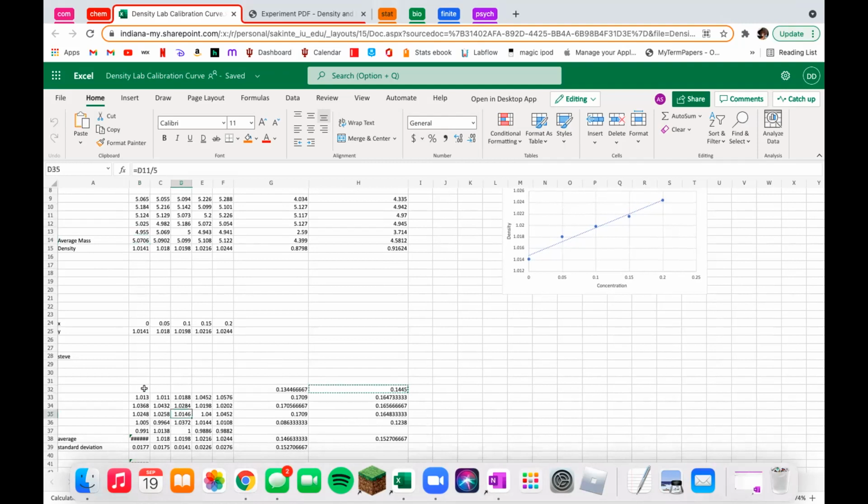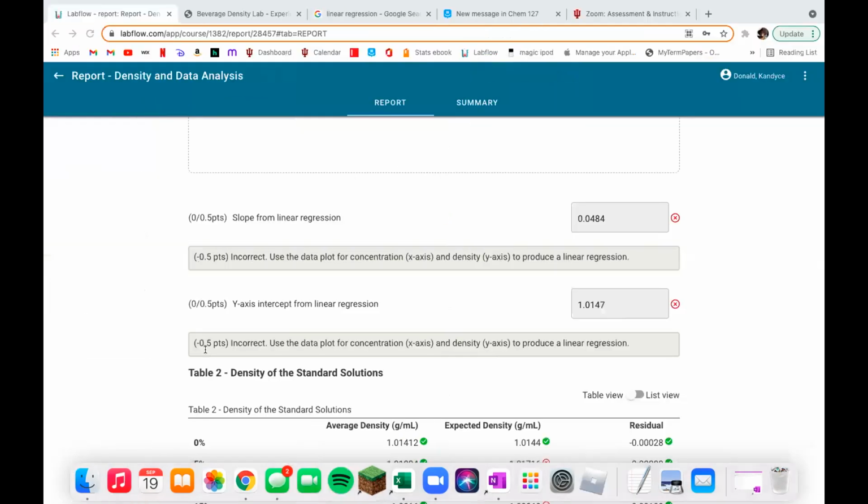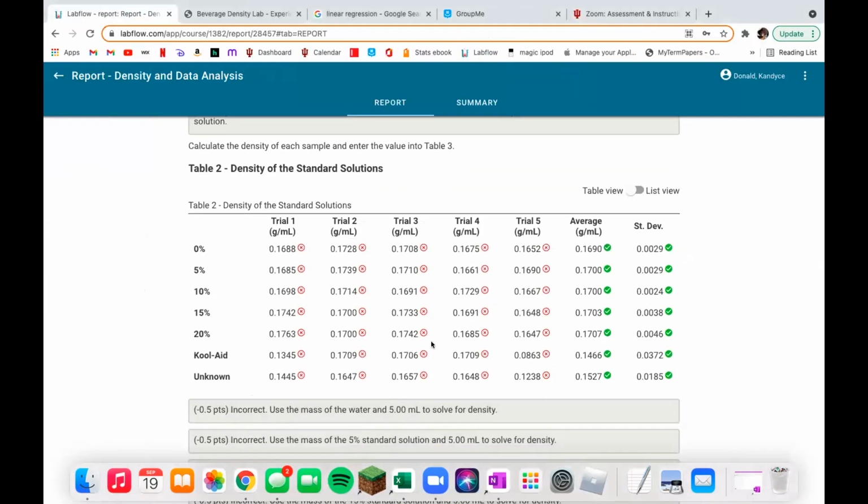No, because he used Excel to calculate all of this, and we didn't change anything. This is just how Excel did it. And when I typed it into LabFlow, I rounded everything to either 3 or 4 sig figs.